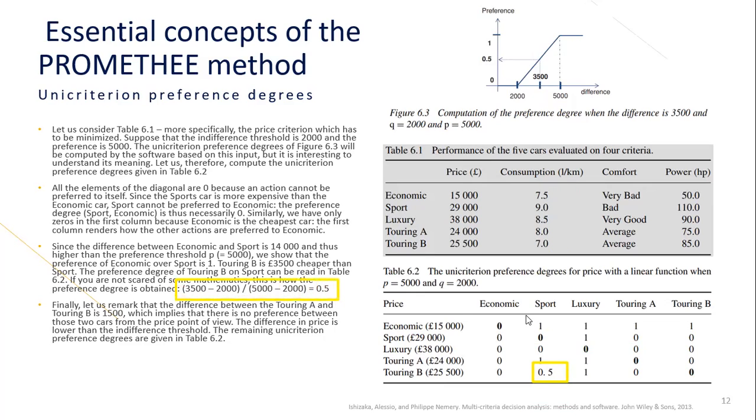You can see the difference between touring and sport, right? Touring is 25,500. Sport is 29,000. So if you calculate, the difference will be 3,500.